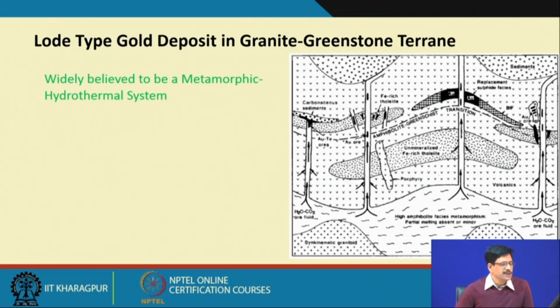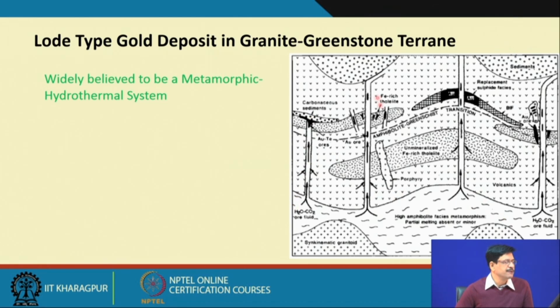The fluid which is being generated here is experiencing high pressure in excess of what is actually expected as lithostatic pressure, because this fluid is somehow not being able to escape because of the low permeability of the kind of rocks which are lying above, and also that it is confined by a zone where it is acting as a kind of lid, for which the fluid is accumulating over here.